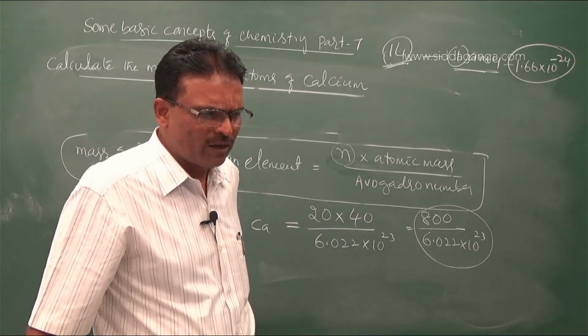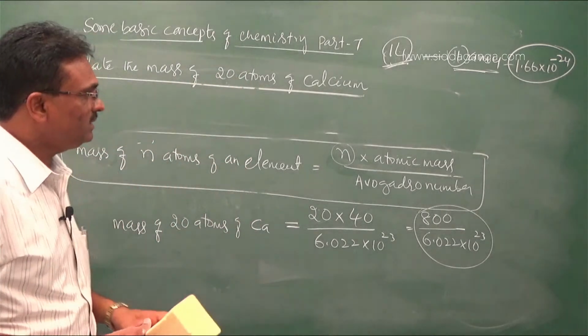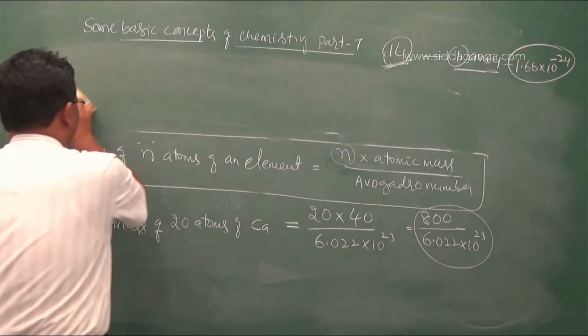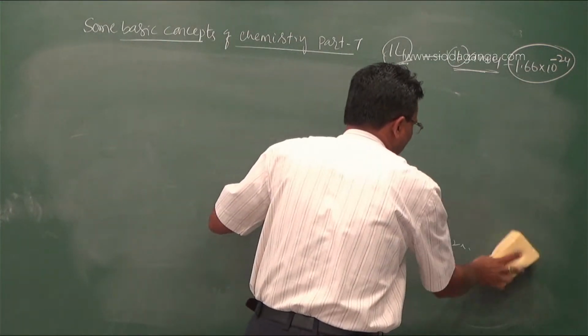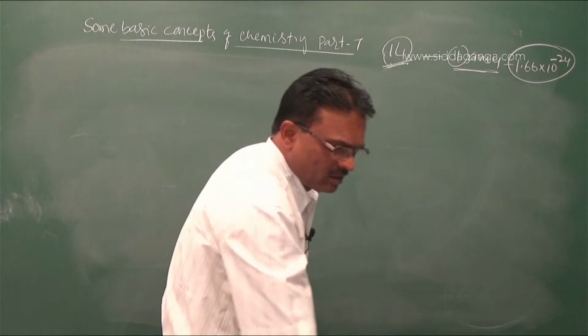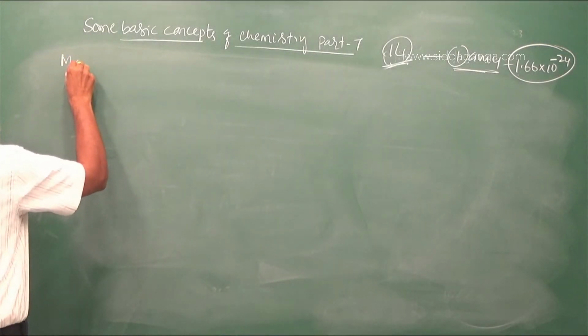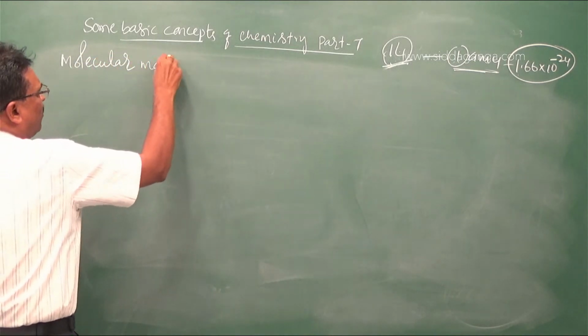20 into atomic mass by Avogadro number. Clear? Next, another one is the second one, molecular mass.